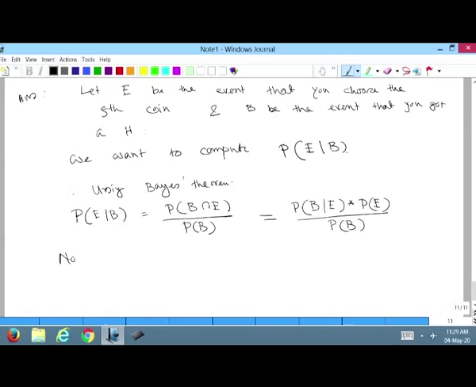Now, probability of B given E, that is probability of a head given that you have chosen the fifth coin, is equal to 5 by 10, which is equal to half, and probability of E is equal to 1 by 10 as the coin is chosen randomly.